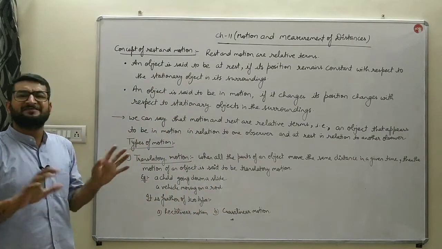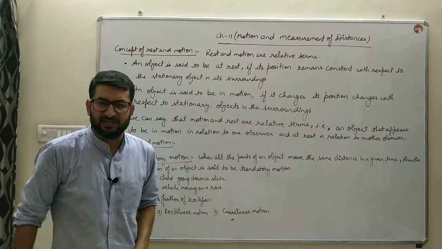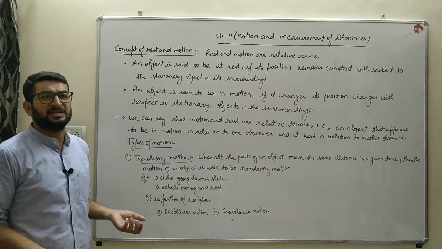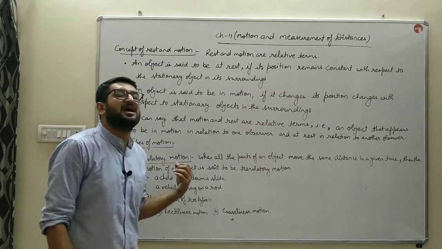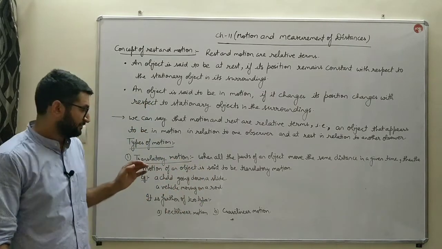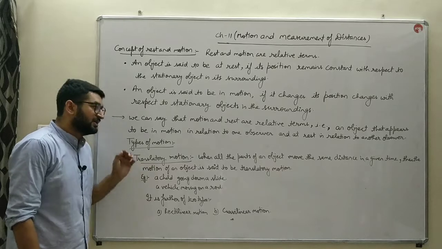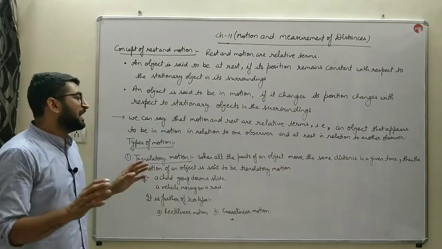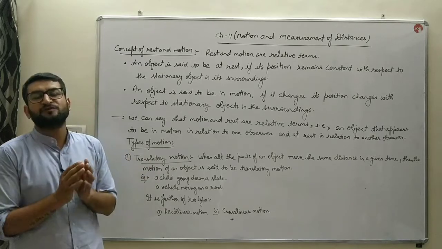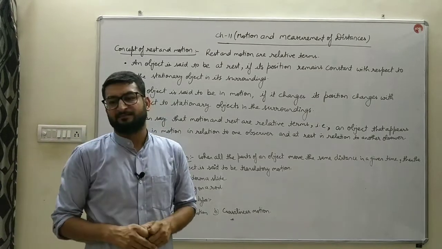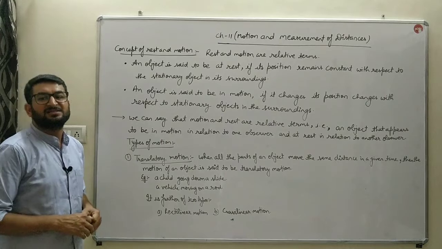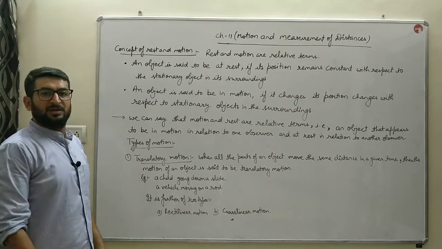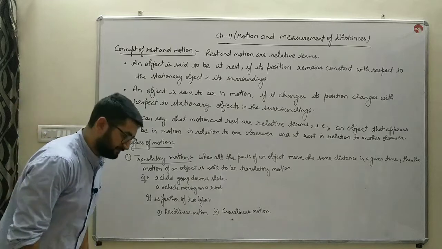Next we'll discuss a very, very important topic for your exams, that is, types of motion. Motion has several types, children. The first which we'll discuss is translatory motion. What kind of motion is this? This is a kind of motion when all the parts of an object move at the same time. Let us suppose this is my whole body. I am moving like this.